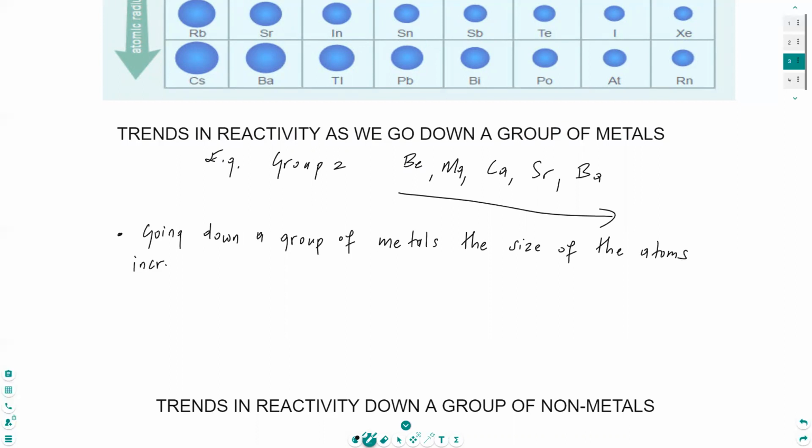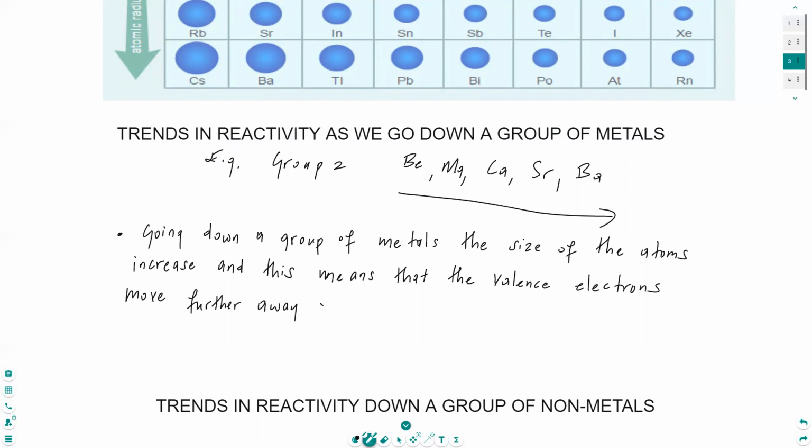And this means that the outer or the valence electrons move further away from the nucleus as we go down the group.